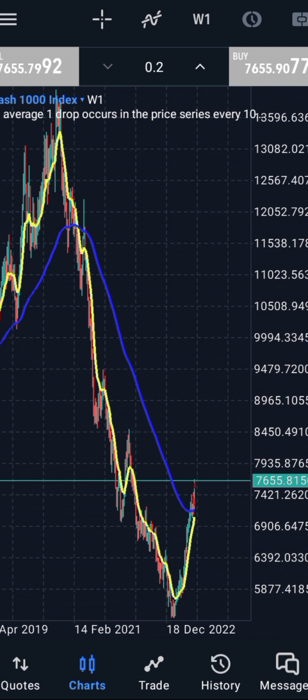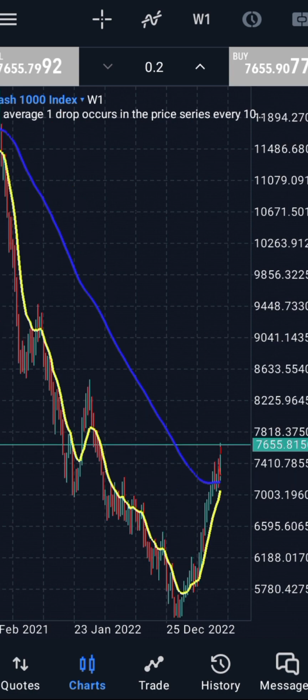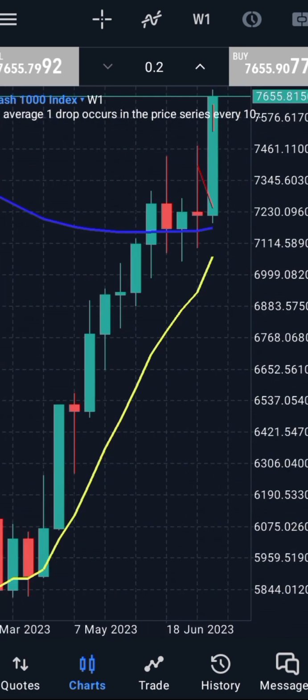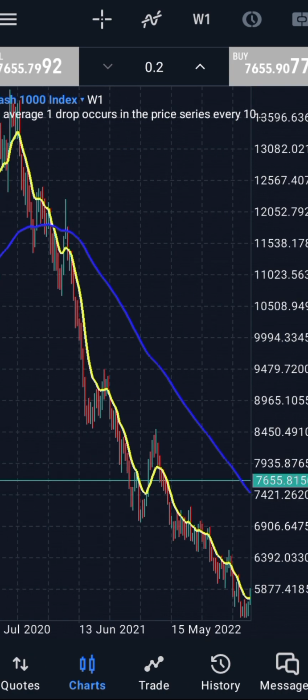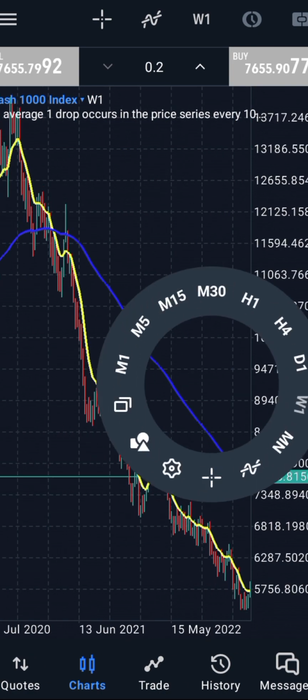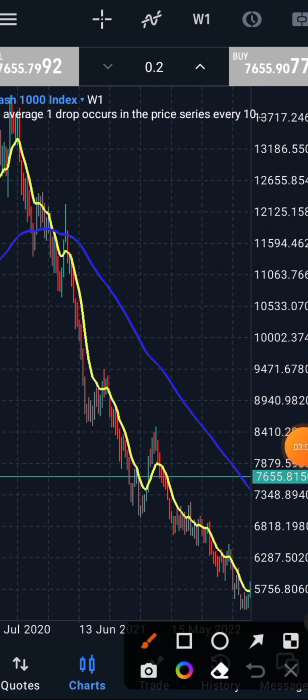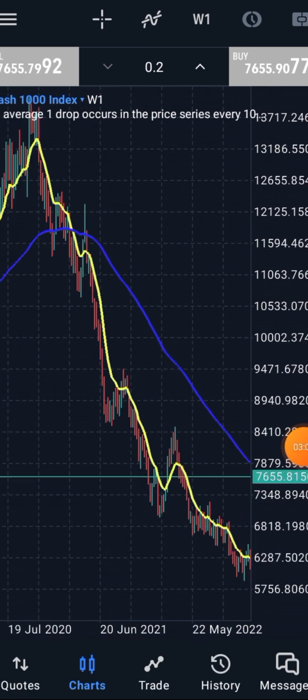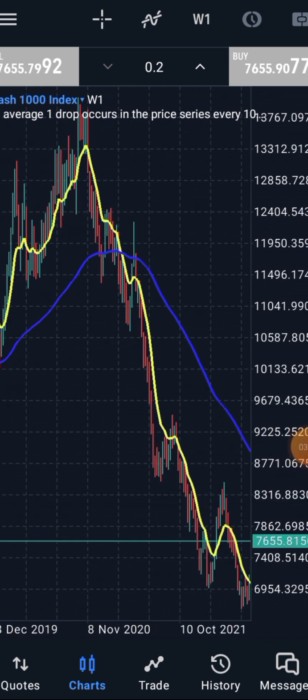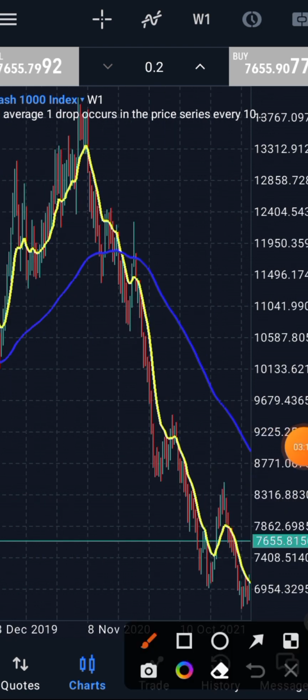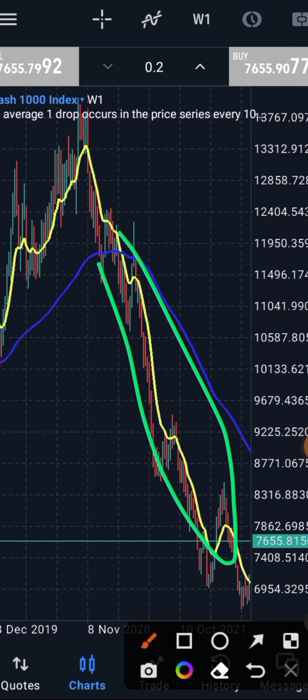Now, let me explain how I use the EMA 10 in taking entry. Now, this is the weekly time frame. Like I said before, the market was trending below this indicator. The whole of this indicator here, the market was trending below these 3 indicators. Market was trending there.